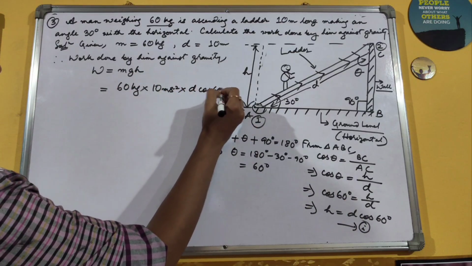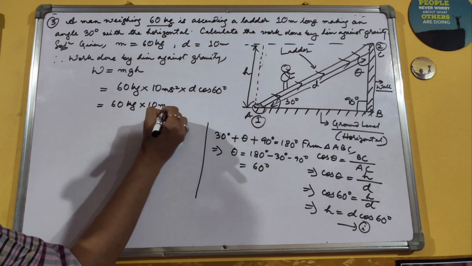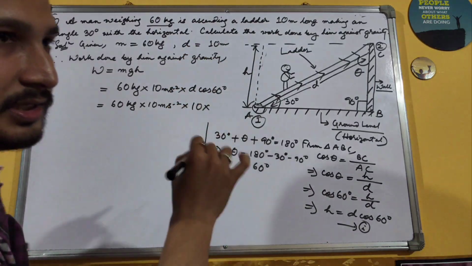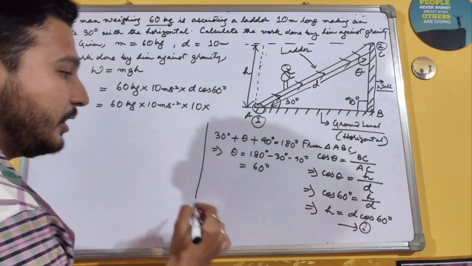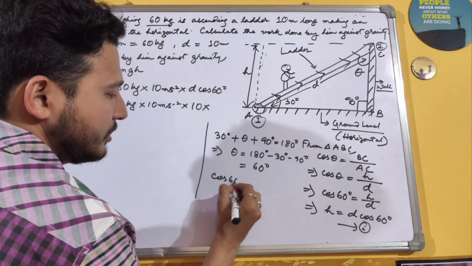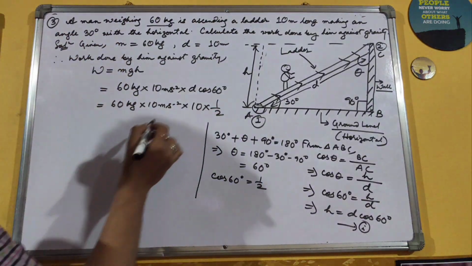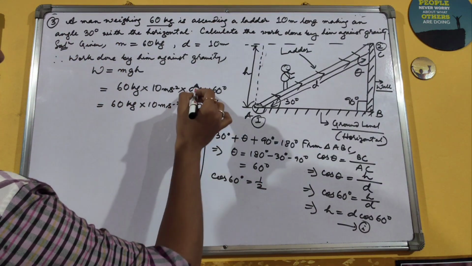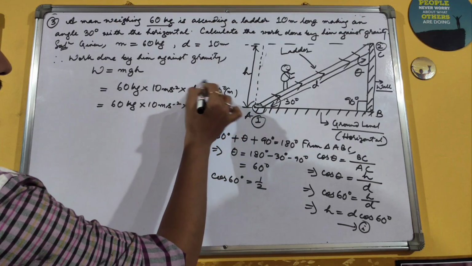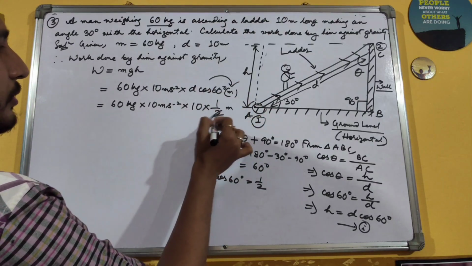So 60 kg into 10 meter per square second into d, which is 10 here, into cos 60, which from the trigonometric table is nothing but half. Now the unit here is meter, because the unit of length is always meter.